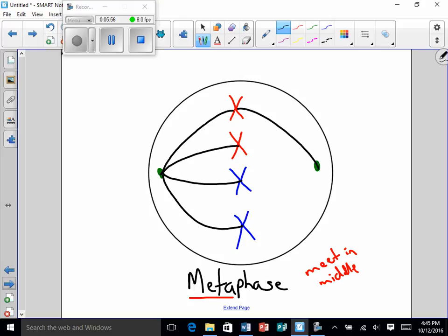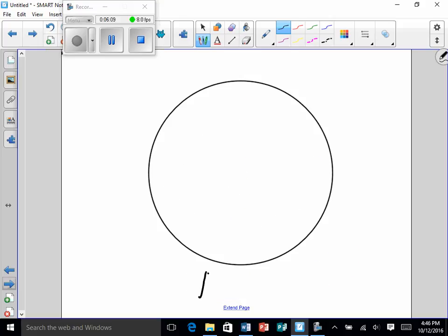And they're kind of getting ready to split them apart or to pull them apart, which brings us to our next one, and that is anaphase. Anaphase, remember our alliteration again? You look at the ana, away, or apart.